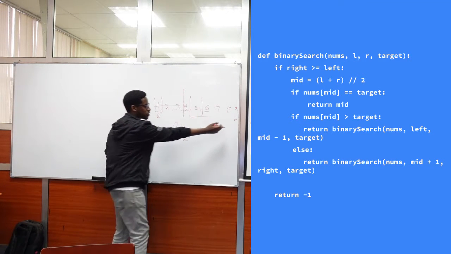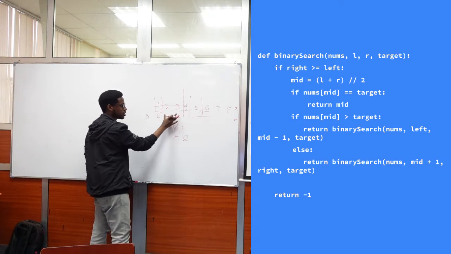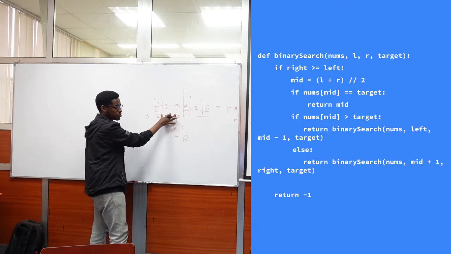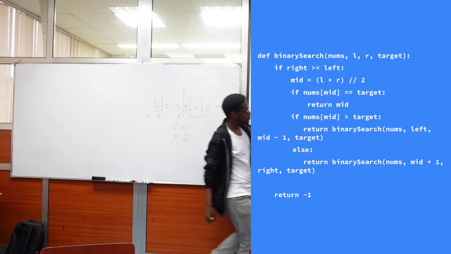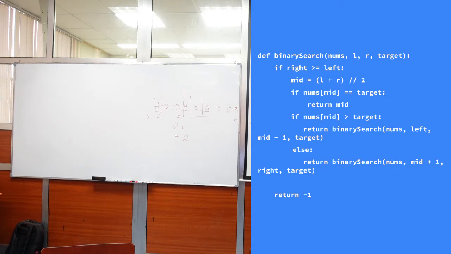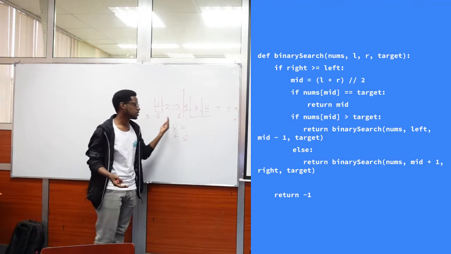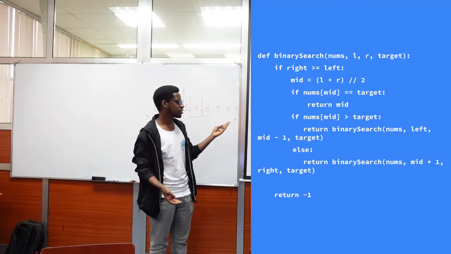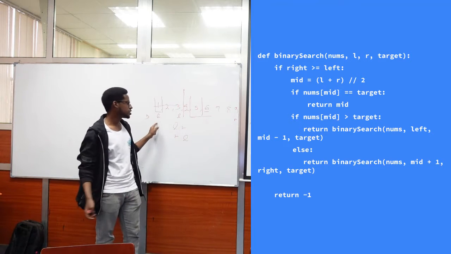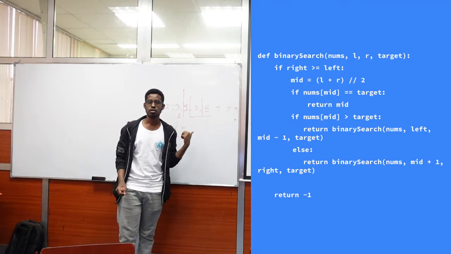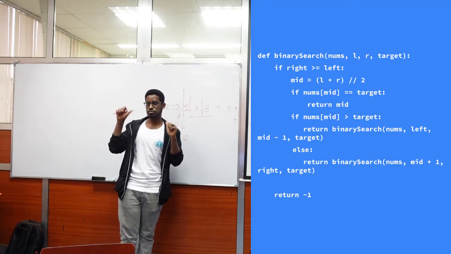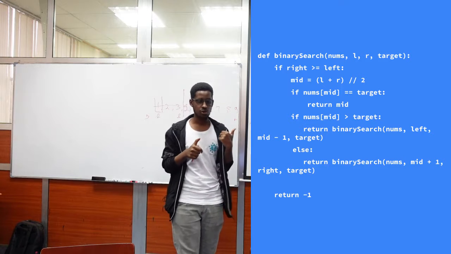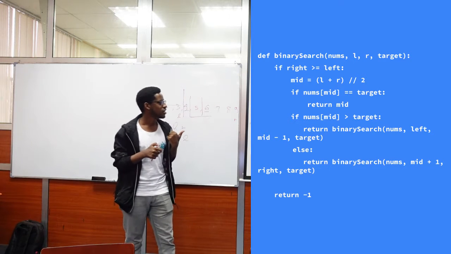The left will not change, but the right pointer would be one element behind the middle element. For the right case, it's almost similar, but we change the left pointer instead. So this is how we implement it recursively.